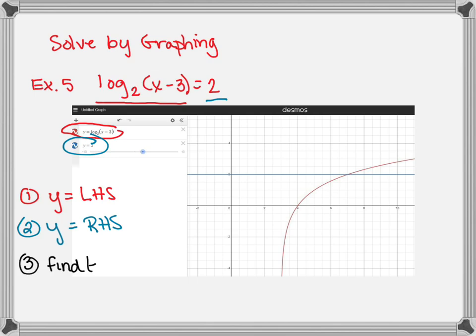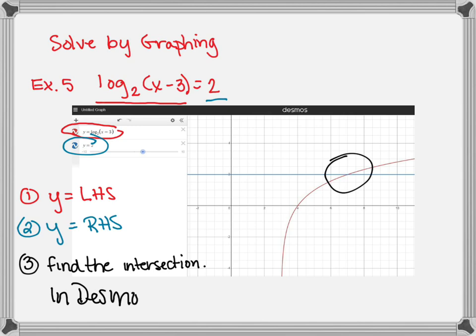And we are looking for where they intersect. Those two graphs intersect here. Again, you might need to zoom in or zoom out or change the scale to find the intersection point. Ours was easier to find.